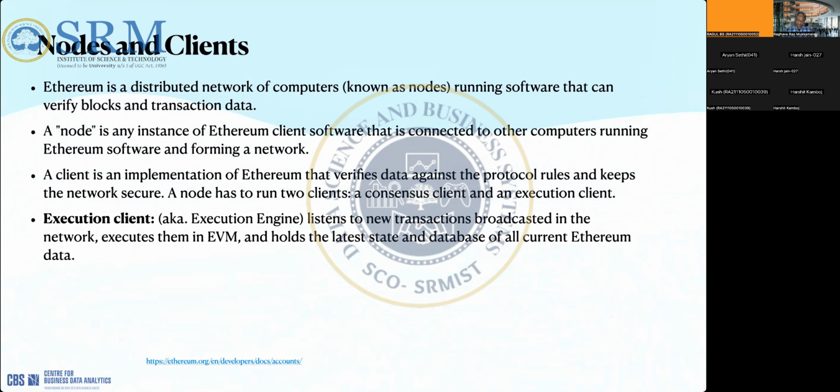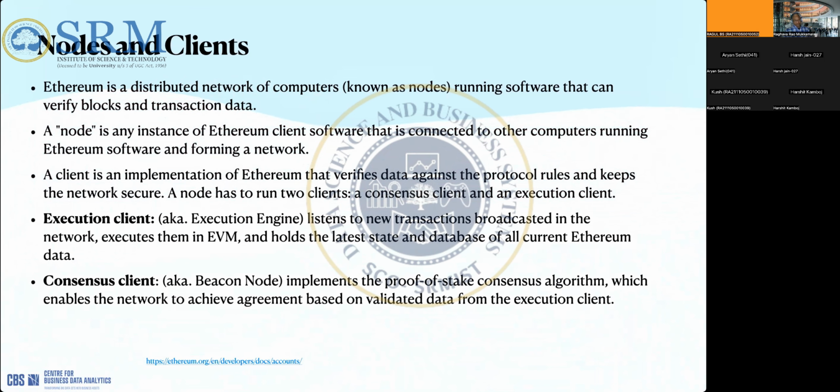So there are two types of clients, execution clients and consensus clients. What is an execution client? This is also called the execution engine. Basically, it will listen for new transactions broadcast to the network, verify them, execute them on the EVM, and hold the latest state and the database of all Ethereum data.